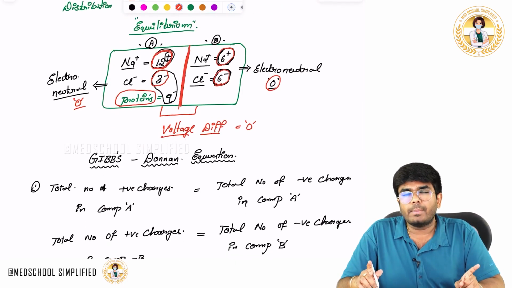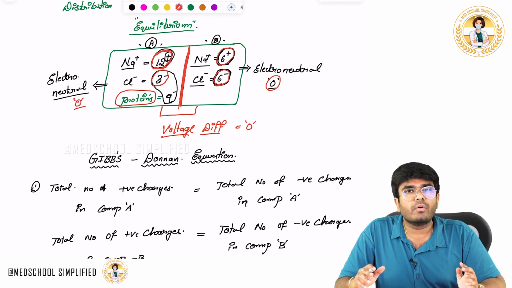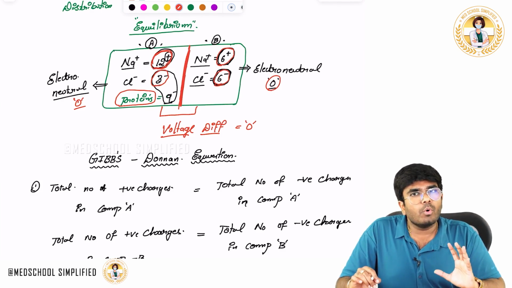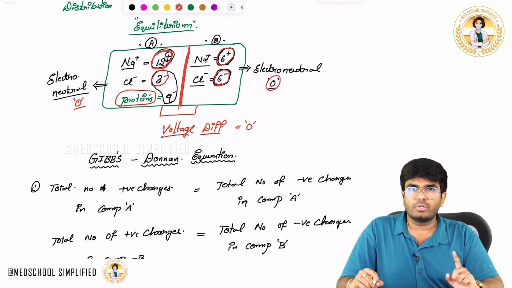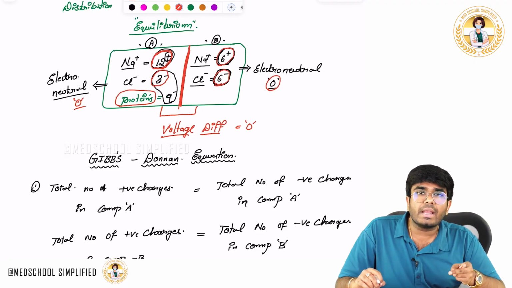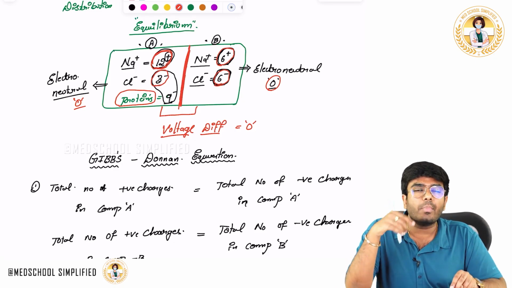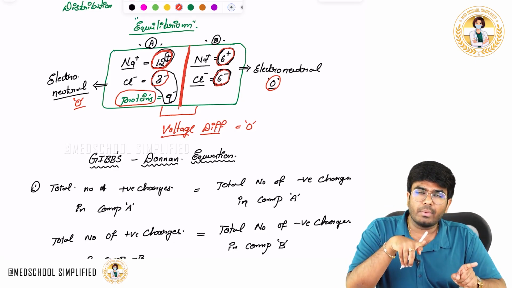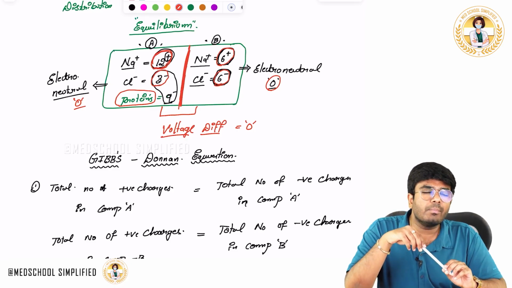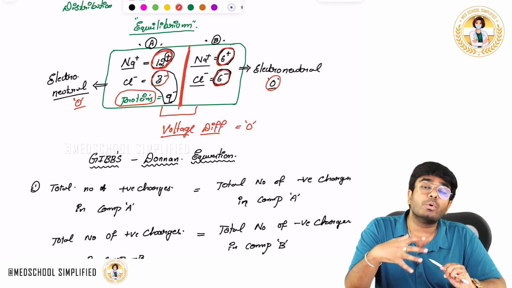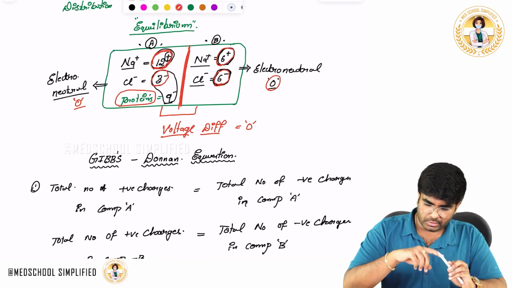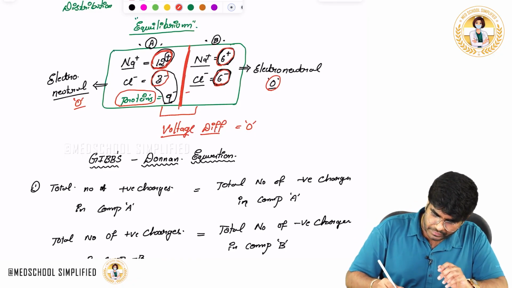Now what else? I told you that in compartment A, more ions are there. Wherever more ions are there, osmolarity will be more, because ions are responsible for the generation of osmolarity. So there is a difference in the number of ions, and wherever there is more osmolarity, there will be a fluid shift.